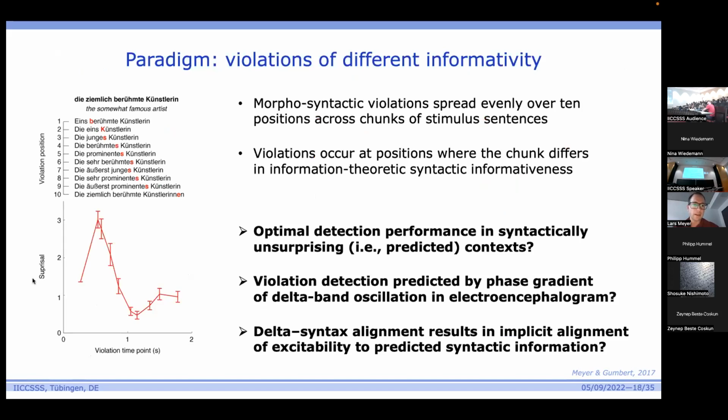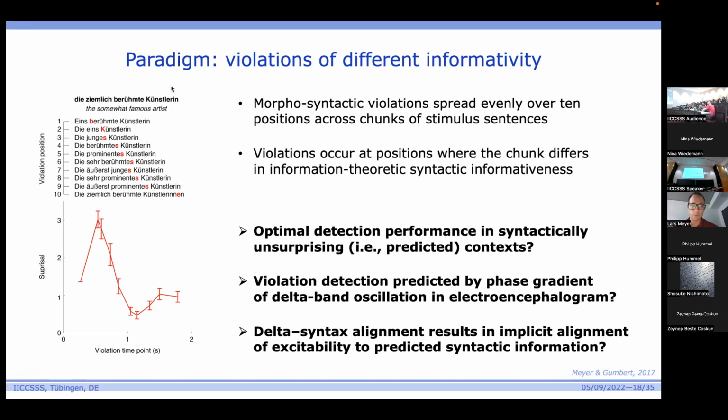Information like. Yeah? And so we make this paradigm where we have a chunk, die ziemlich berühmte Künstlerin, the somewhat famous artist. It's like a B-list starlet, yeah? A somewhat famous artist. And now we calculate surprisal, information content, at each point in this chunk, because we're interested in the gradient, right?